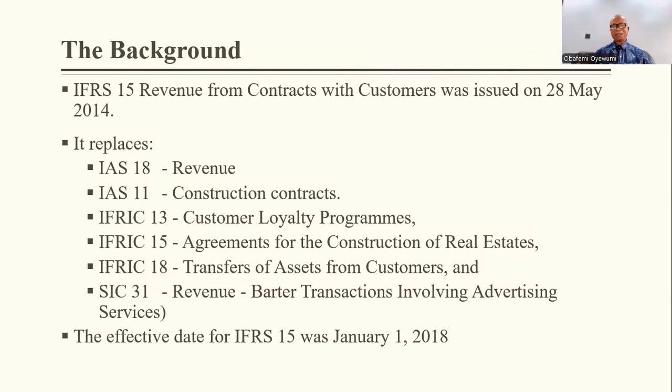Now, IFRS 15, revenue from contracts with customers, was issued on 28th day of May 2014, and it replaces IAS 18 revenue, IAS 11 construction contracts, IFRIC 13 customer loyalty programs, IFRIC 15 agreements for construction of real estates, IFRIC 18 transfer of assets from customers, and SIC 31 revenue, which talks about barter transactions involving advertising services.